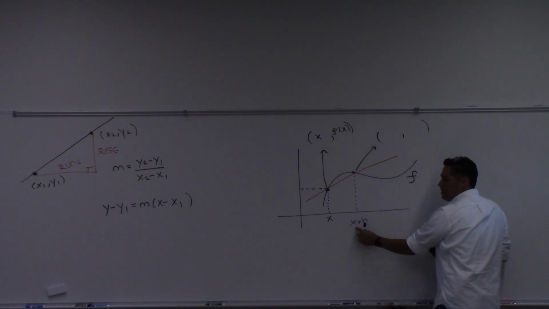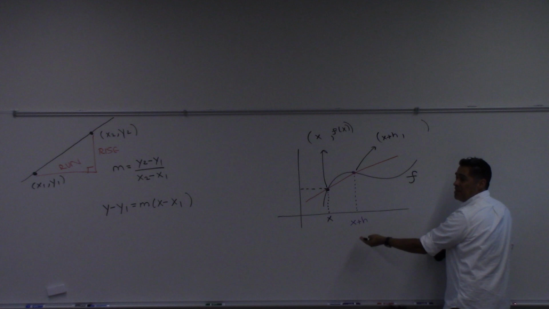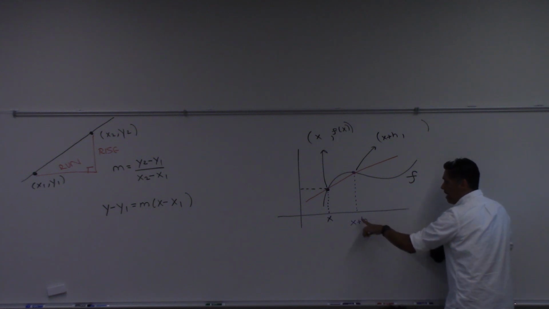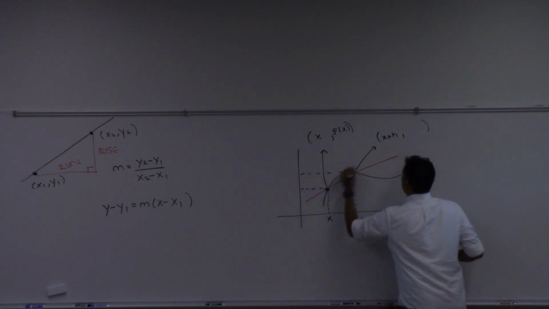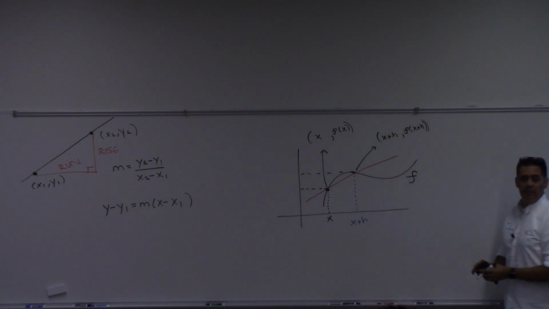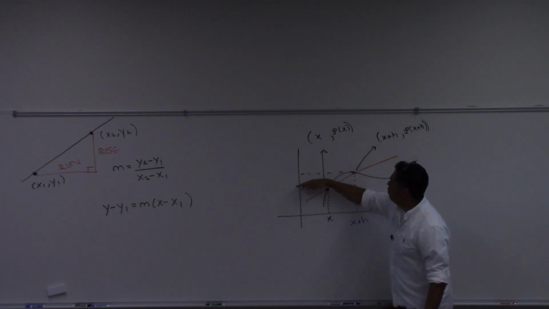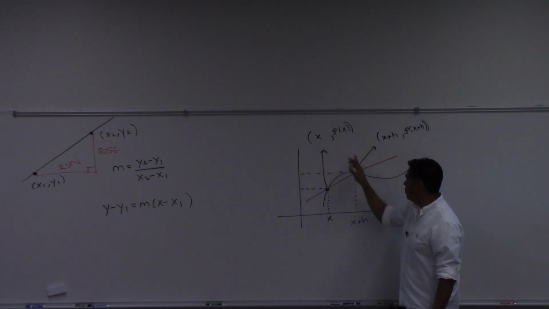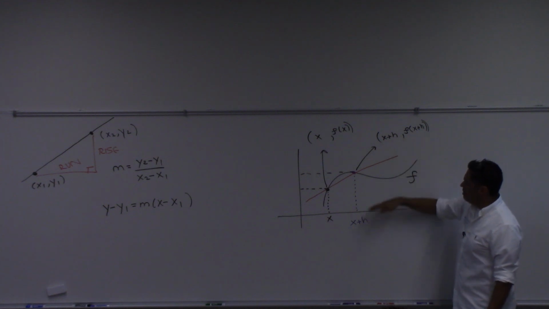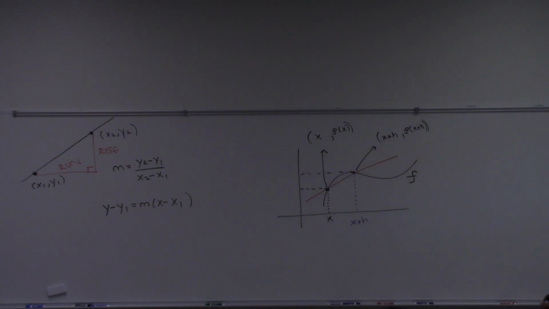Now, what about this point? The x-coordinate of this point is x plus h. And what comes out of that function when I plug x plus h in is whatever the function does with that x plus h. So this x-coordinate is x, and the y-coordinate is what you get when you plug x into the function. This x-coordinate is x plus h, and the y-coordinate is whatever comes out. So what's the slope of the line?